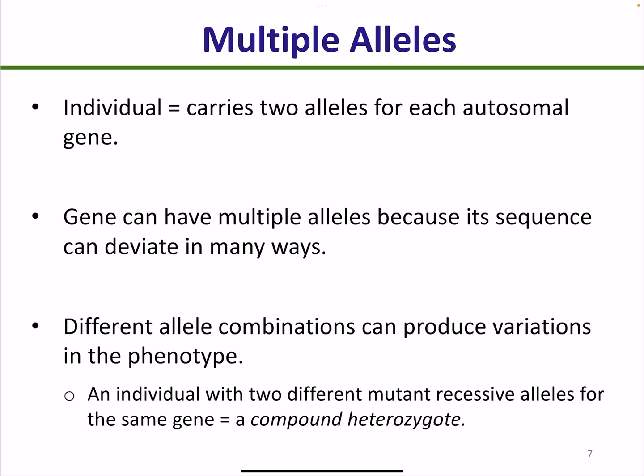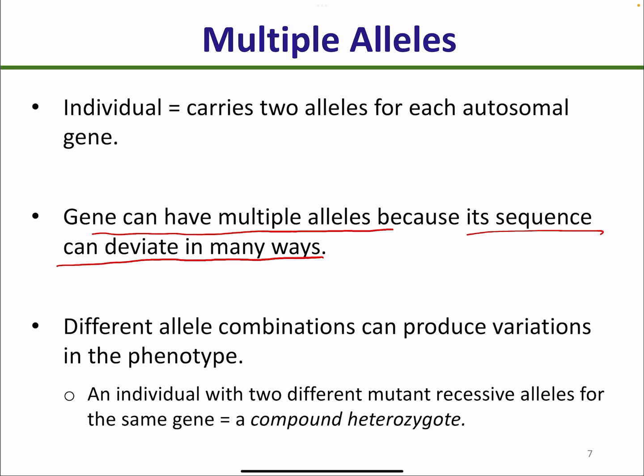A gene can have multiple alleles because its sequence can deviate in many ways in individuals. Consider all the people you know, right?